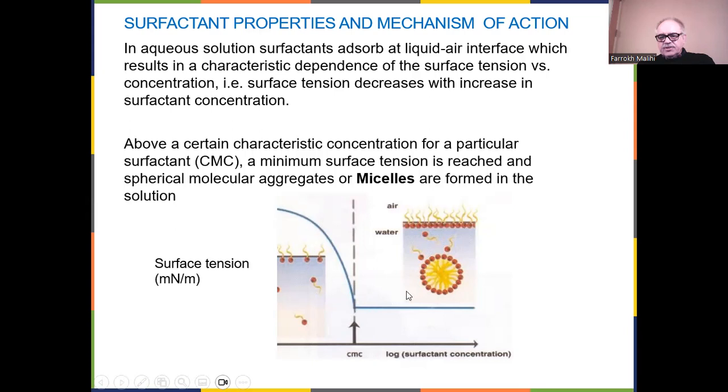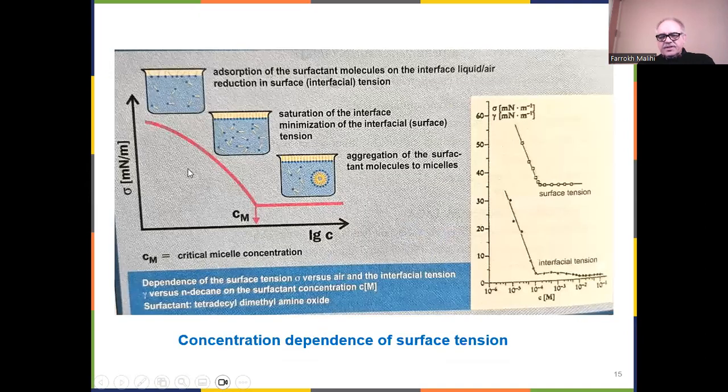The point at which these aggregates occur is known as the critical micelle concentration. It's also the point at which the surface tension reaches a minimum and basically stays unchanged. Here is another schematic that shows the same phenomenon.